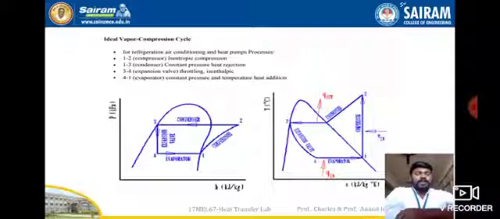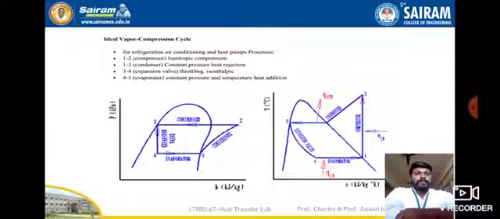Process 2 to 3 is the condenser, a constant pressure heat rejection. Pressure remains constant and heat is rejected. 3 to 4 is the throttle valve or expansion valve, an isenthalpic process, where enthalpy remains constant. The last one, 4 to 1, is the evaporator, which is a constant pressure heat addition process.